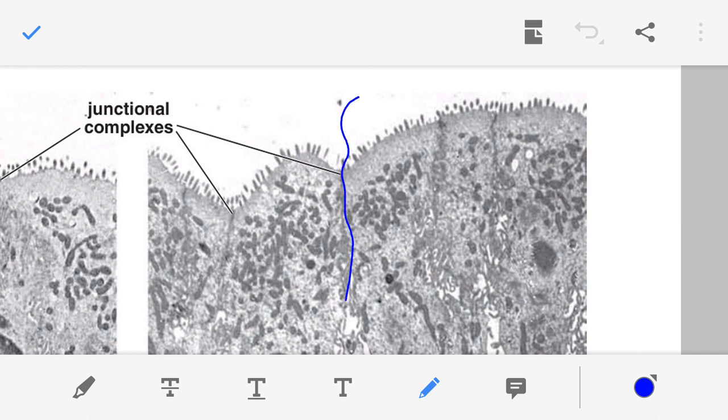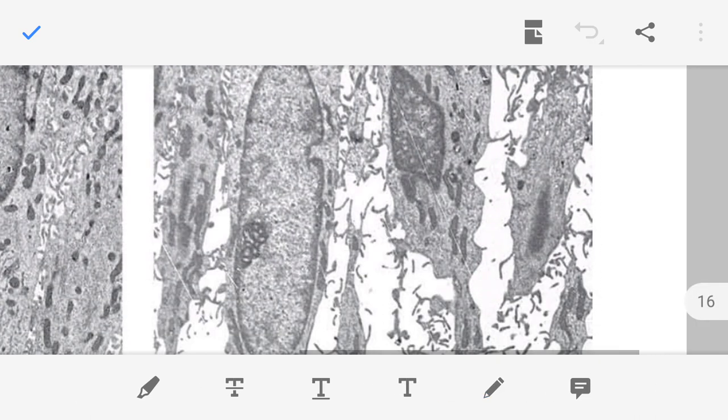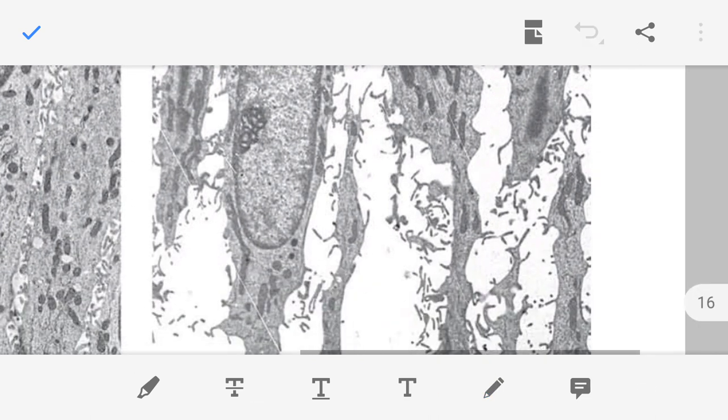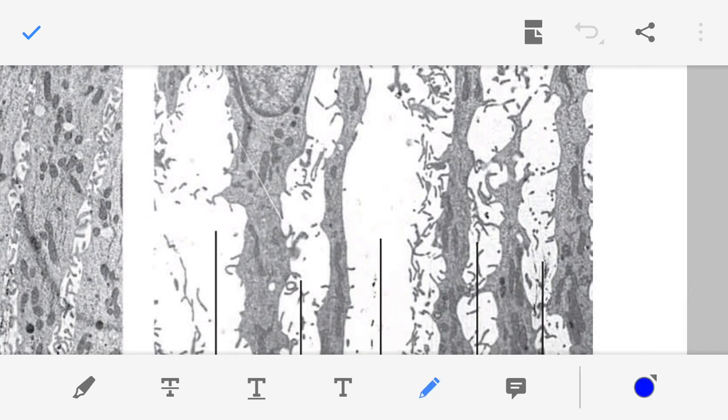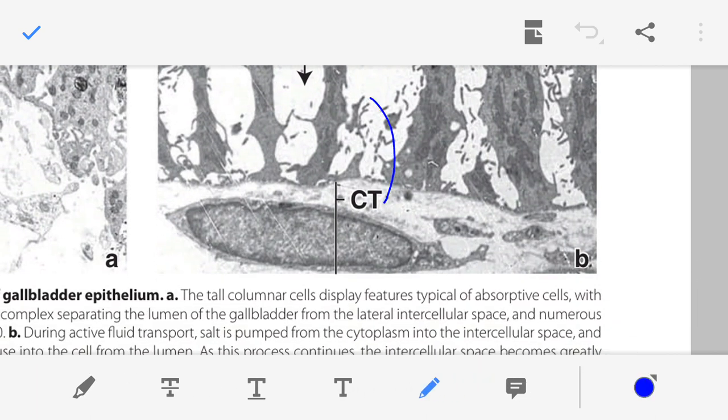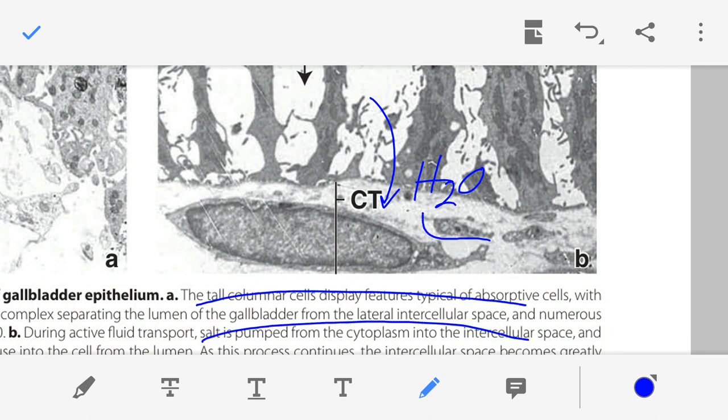So these water molecules are attracted towards this NaCl, and the water molecules move passively. Now from the intercellular spaces, where is this H2O going? So H2O will enter into the connective tissue. From the connective tissue, this H2O will enter into the blood vessel.